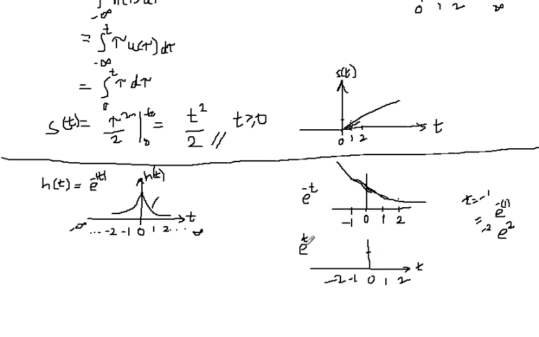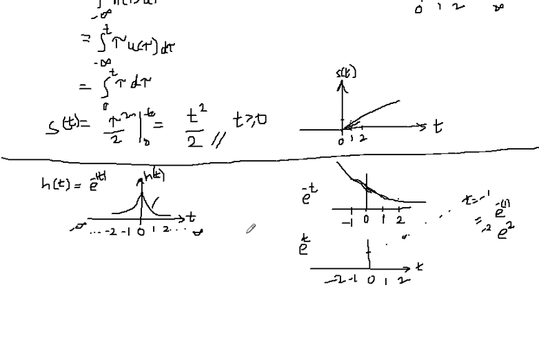If t is 1, its value would be e to the power 1. If t is 2, its value is higher, greater than the earlier e to the power 1. So as t increases, its value goes on increasing.